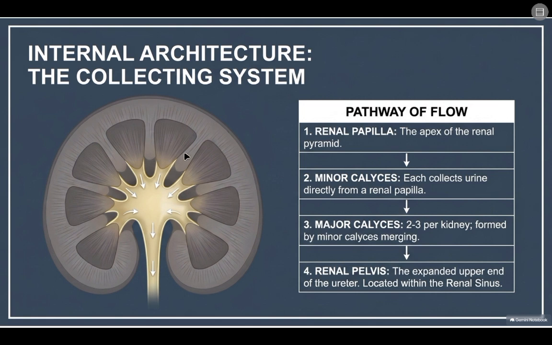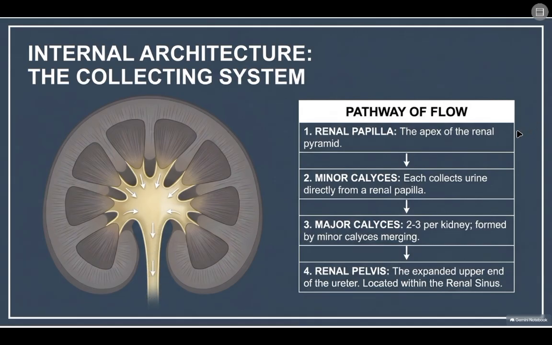We now have the renal papilla, also known as the apex, which penetrates towards the minor calyx. From the minor calyx we now form the major calyx. From the major calyx, we now drain the urine into the renal pelvis. Now from the renal pelvis, we take it into the ureter.